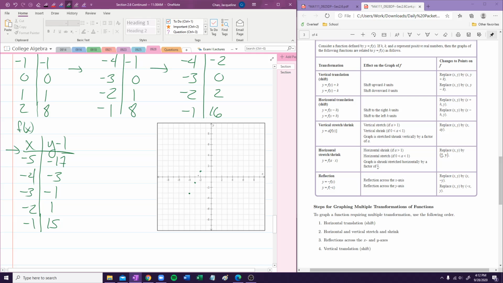Again, the snakes are gone. That's fine. We'll just guess. So 15, let's say, is like up here, and -17, let's say, is like way down here.